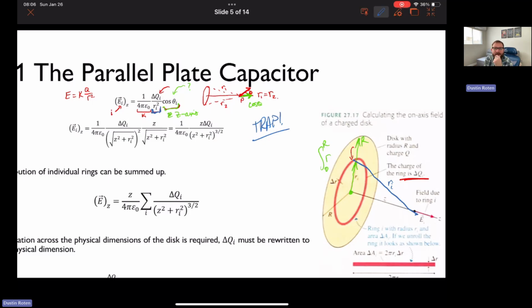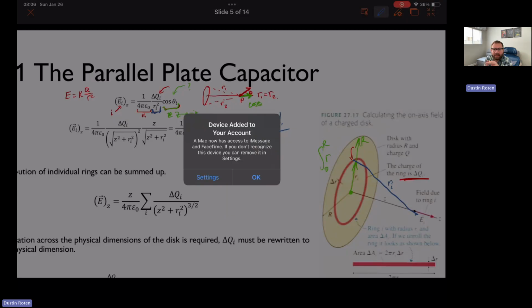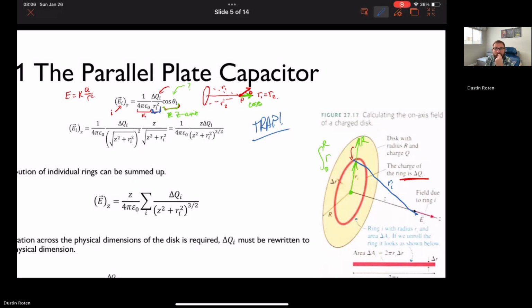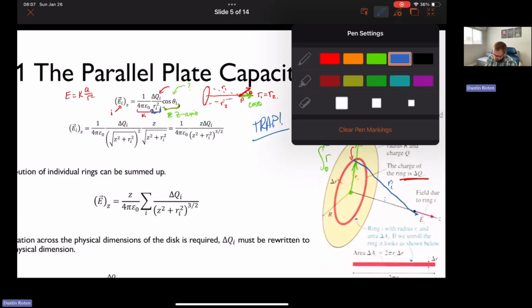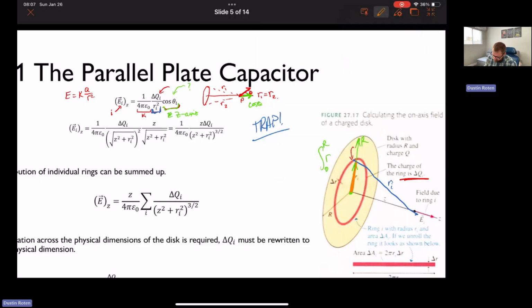So this is what's going to happen. You need to watch out for this. So this is the distance we want. We want the thing in blue, right? We want the blue length, but we want to integrate across the radius of the ring. So we want to integrate this way, but right now we have this blue piece.